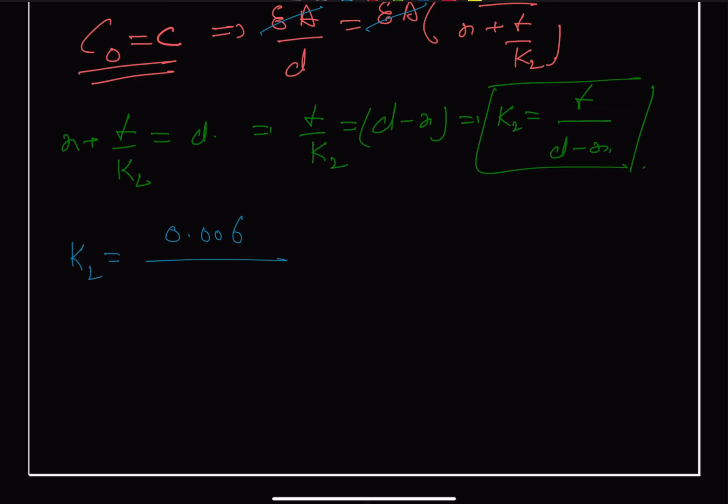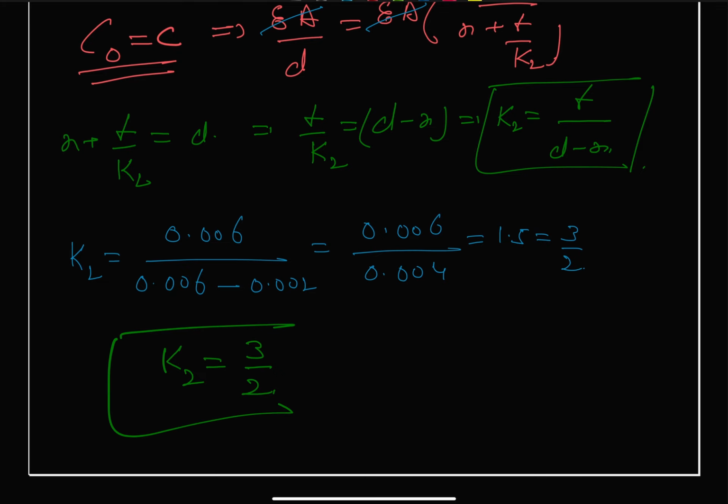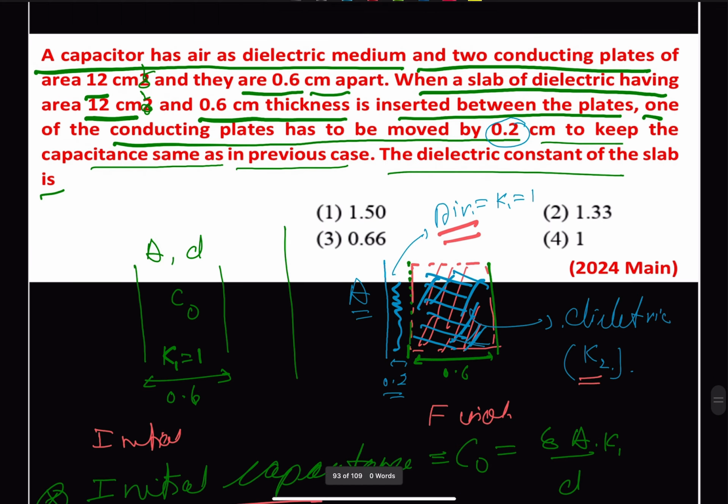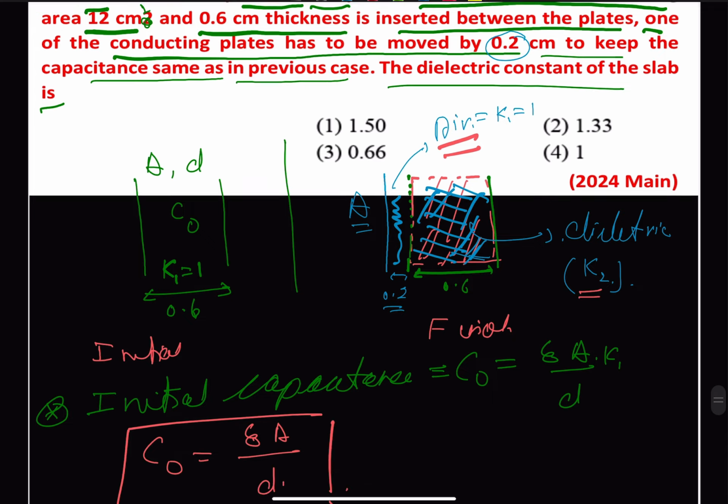Original distance was also 0.006, minus X, the air gap, which is 0.002. So this comes as 0.006 divided by 0.004, which gives us 1.5, or we can say 3/2. So we get the dielectric constant of the dielectric material is 3/2. Oh, it is given in decimal, so option 1 is correct.